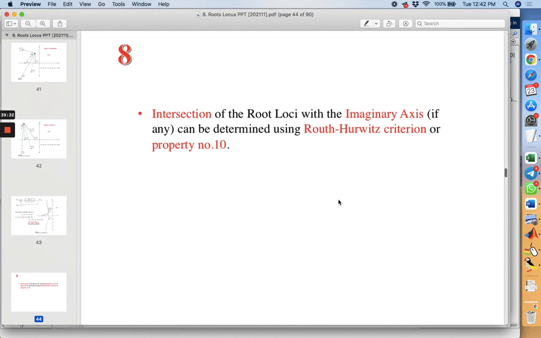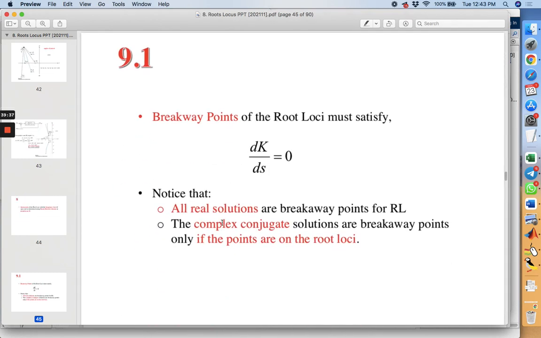And we can also use property number 10. What is property number 10? Let's see after this. So we have property 9.1: the breakaway point of the root locus must satisfy dk over ds equals 0. Why do we want to differentiate dk over ds?